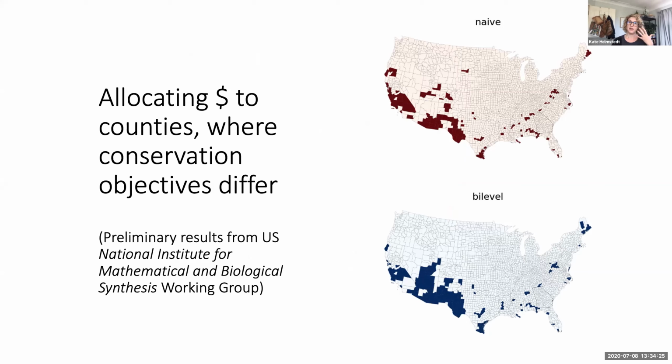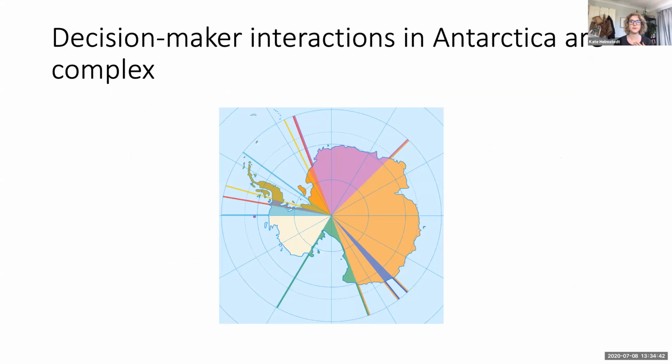So we think about making these decisions in that top map, ignoring the fact that there is this bi-level problem. And then the second one is taking it into account. So just by accounting for it and by trying to enumerate it and understand it, it allows us to make better decisions as the top level decision makers.